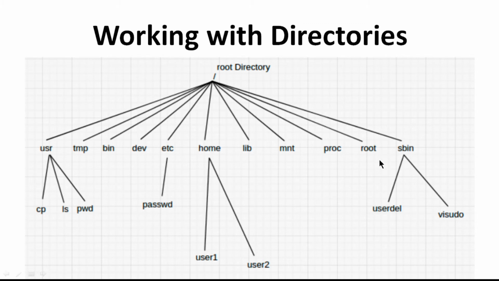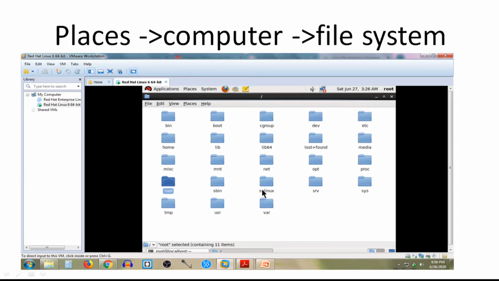User commands are all executed in the user directory, passwords are kept in the etc directory. All the users who are added are stored in the home directory. Sbin stores all the system binary commands. So where to find all these directories?